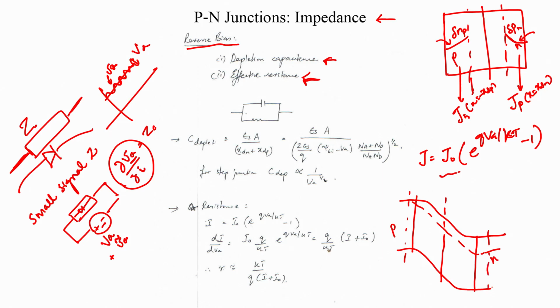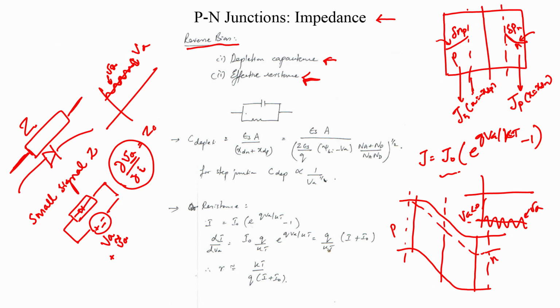So if I keep my device in reverse bias, which means I apply a large negative voltage, so VA is less than 0, and on top of that I apply a small signal AC voltage, what is the effective small signal impedance of this PN junction? That is the question asked on this slide.